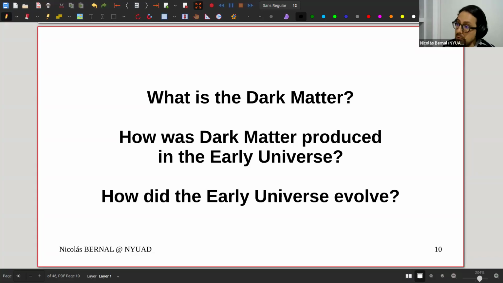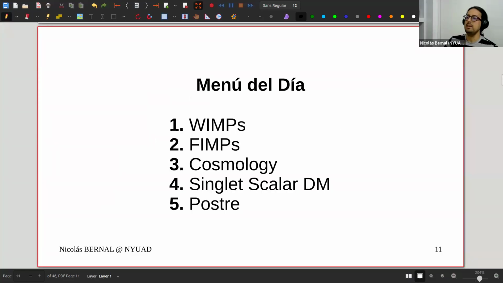That's because if we want to understand how it was produced, it was produced in a given background, so we have to understand that background. In particular, how the universe expands, how the temperature evolves in the very early stages of the universe. Okay, so that's the plan of the day. I will talk very briefly about WIMPs because I think you guys are very familiar with the WIMP mechanism.